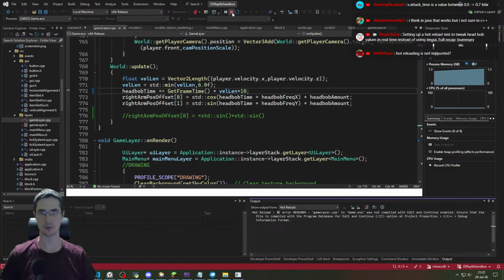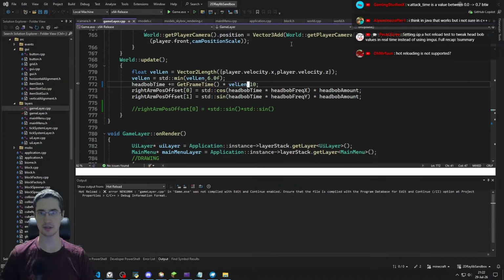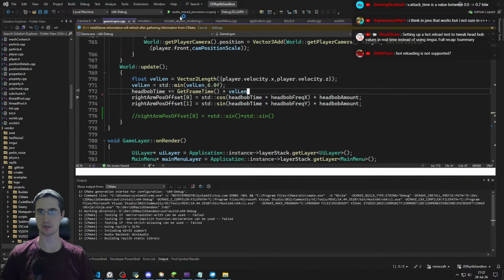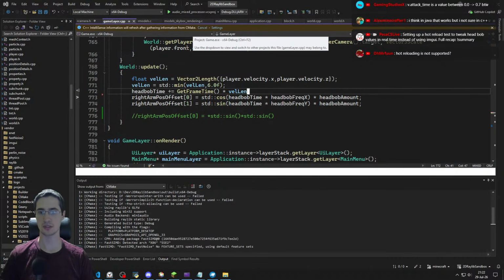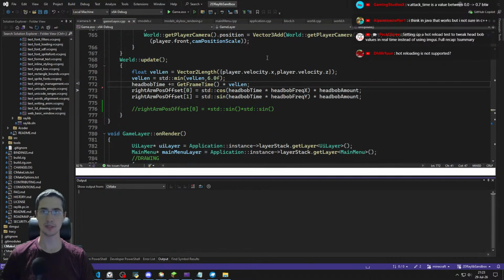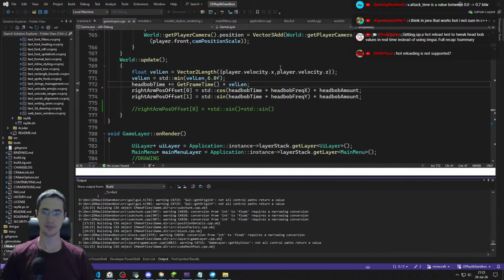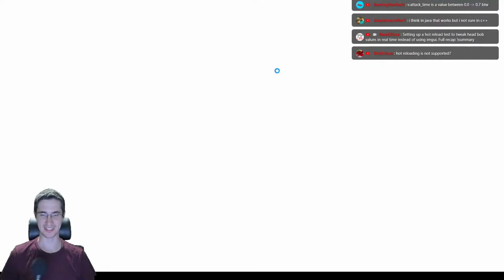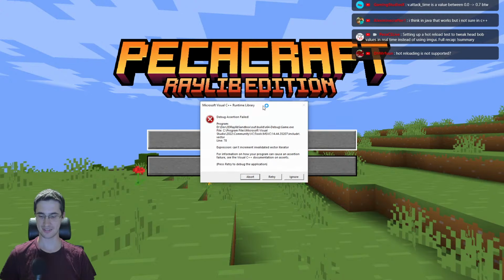Debug information format. Yeah, let's try to run it in debug configuration. Maybe then we can have hot reloading. Bro, if we have hot reloading, that would be amazing, chat.